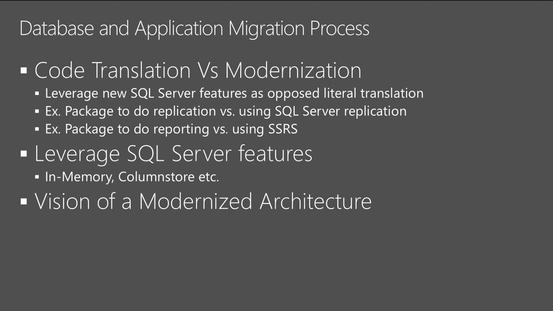I don't know if you guys attended Sunil Agarwal's session on column store indexes or in-memory over the last few days. Those are some phenomenal features in SQL Server, right, from a performance perspective and whatnot, either in data warehousing or for OLTP. It won't make a whole lot of sense if you just do a literal translation, especially for an important app, and you don't consider those types of features.